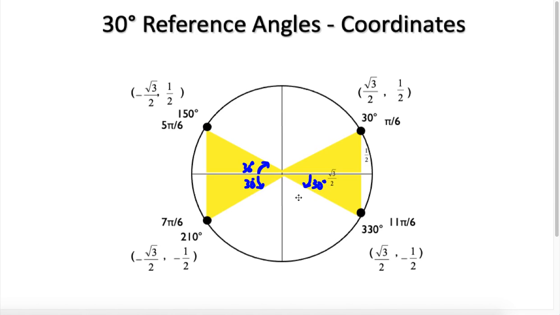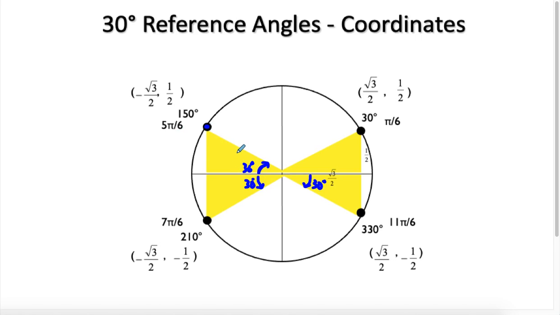So all we're doing then, first to get the actual measure here, we're saying, if we're going from here to here, that would be 180 minus 30, so that would be 150 degrees. Or if we think about that in terms of radians, this would be pi.